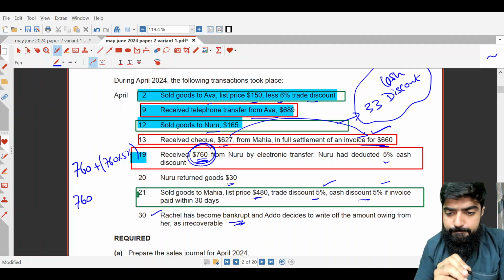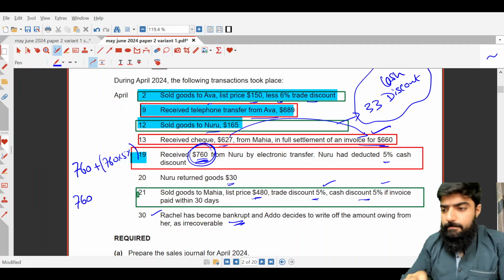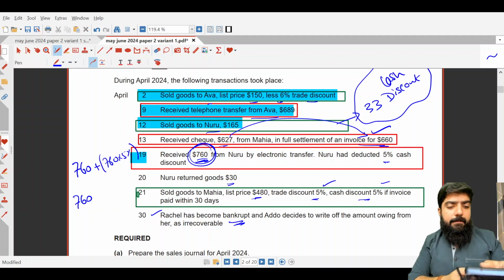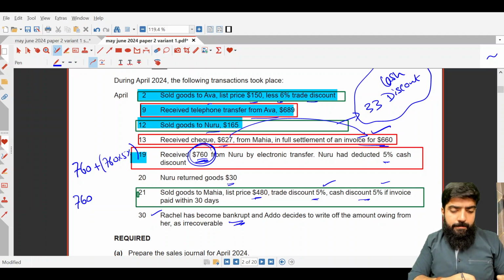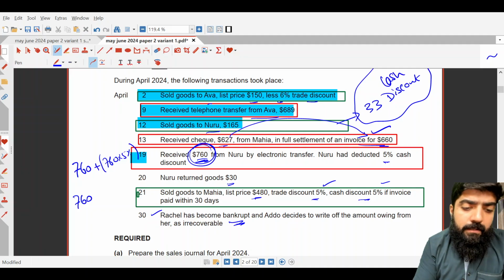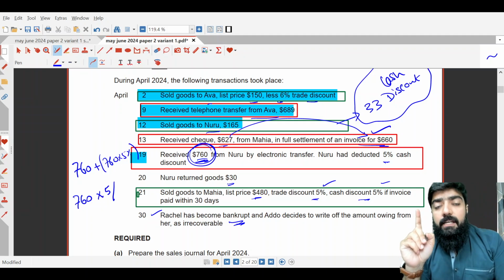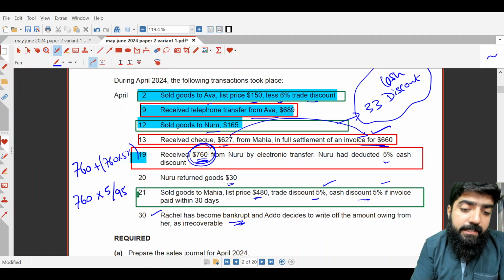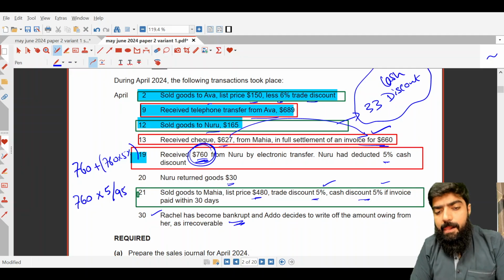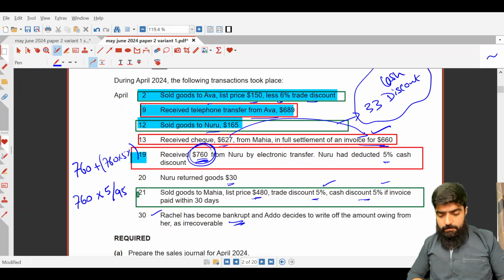Yes. Now, first of all, let me calculate the discount, which is obviously a multiple of 5. And this 760 is not representing the 100%, instead it is representing the 95%. Can you please calculate the amount?